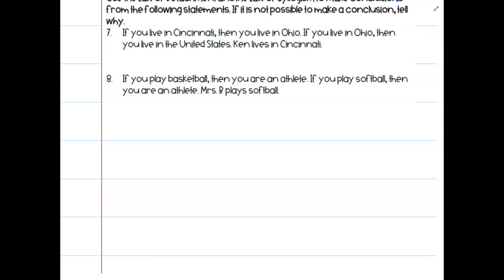So that's the statement I'm thinking of. That's the law of syllogism. Now we're going to use the law of detachment to further help me get my solution. So if Ken lives in Cincinnati, well, we just figured out that if you live in Cincinnati, you live in the United States. So if Ken lives in Cincinnati, what do we know? Yeah. Ken lives in the United States.